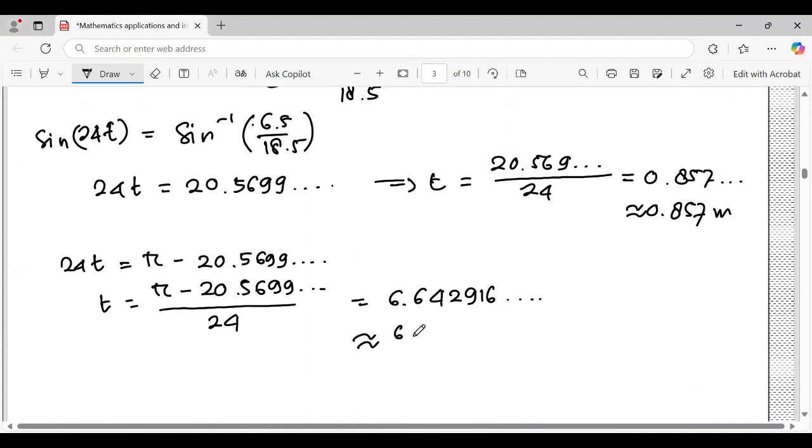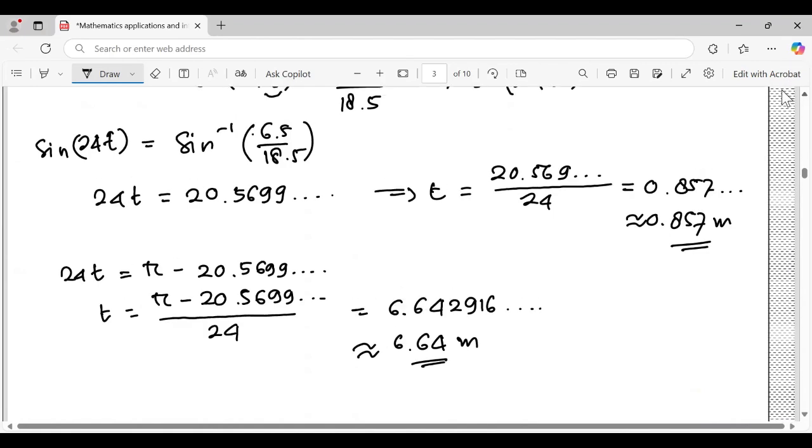Rounded off, 6.64 meters. So there are two values of t. So the Ferris wheel takes 15 minutes to complete one revolution.